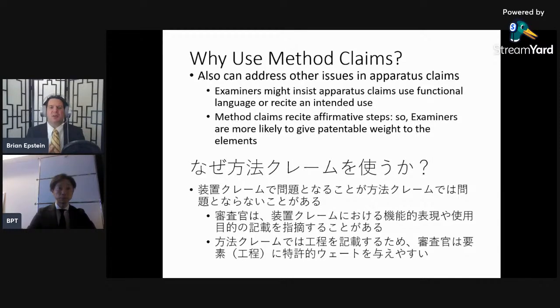And so examiners are more likely to give patentable weight to these elements, because they are elements of the claim, right? It's not just some configuration. It's not just some effect that's produced by some other operation of a computer, for example. Instead, these effects are part of the method.